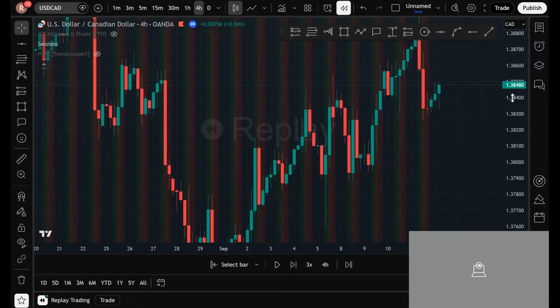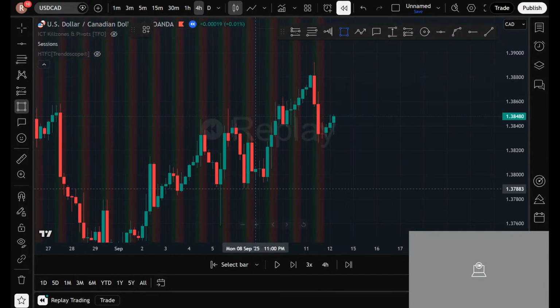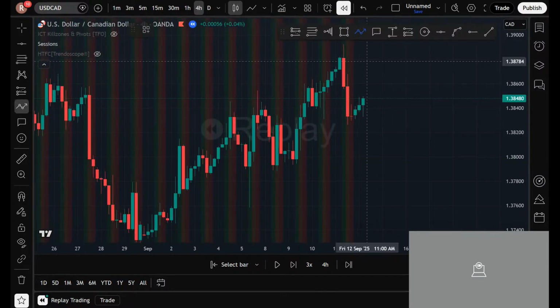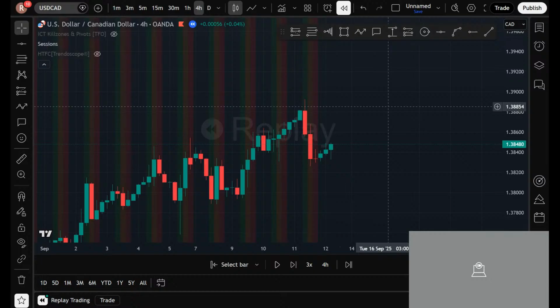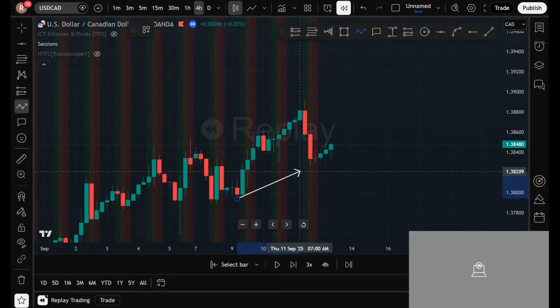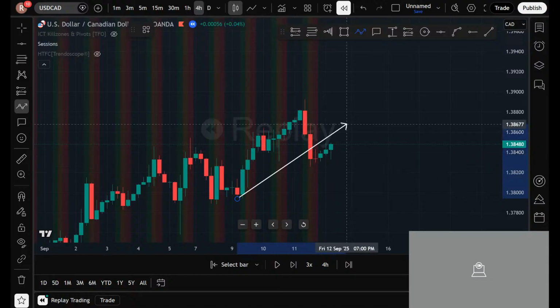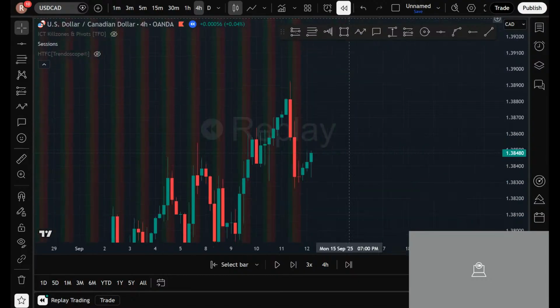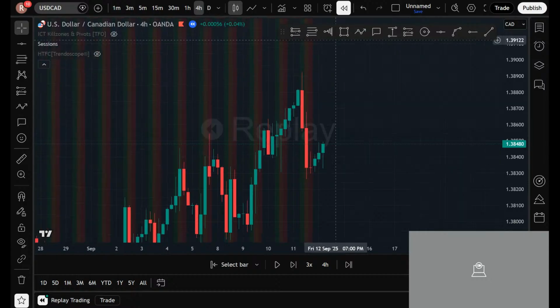So what we can see this day is buyers are in control, but sellers are very strong. They broke below this area, which means sellers are very strong. So where do you think sellers will come in from?